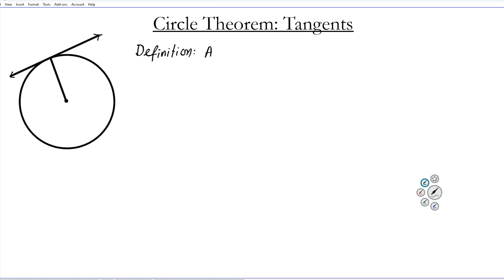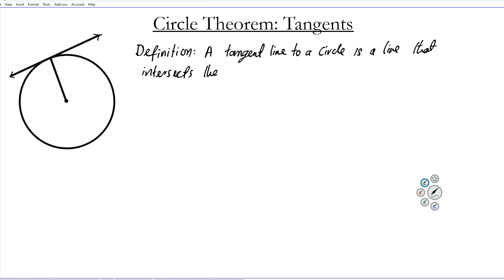A tangent line to a circle is a line that intersects the circumference of a circle at exactly one point.